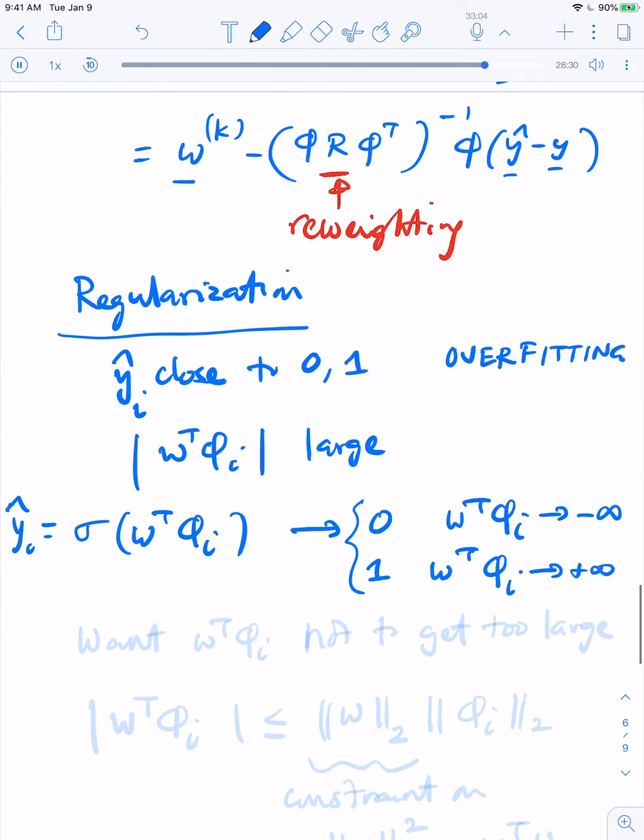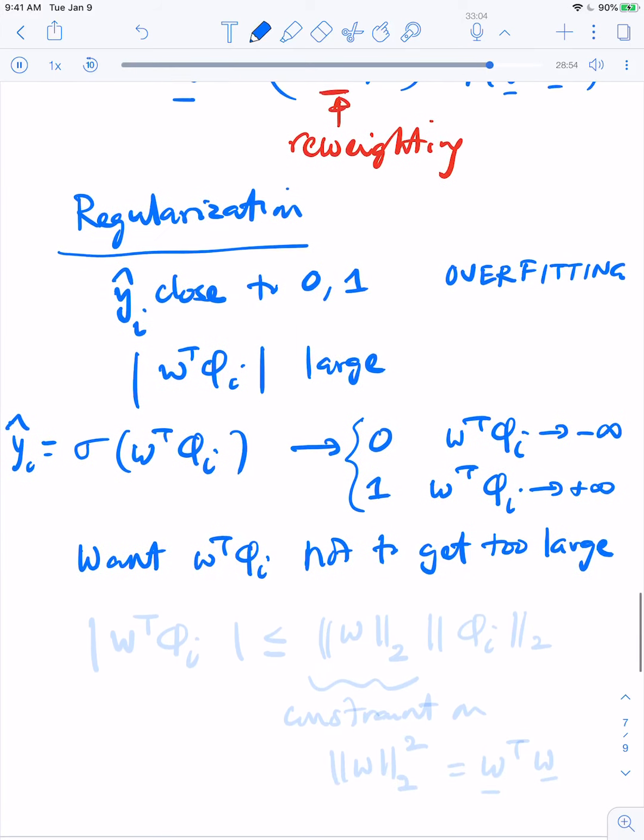So basically, we don't want w transpose phi_i to get too large, right? That's basically what we want. And how do we prevent that? Well, we just stop w from getting too large, right?